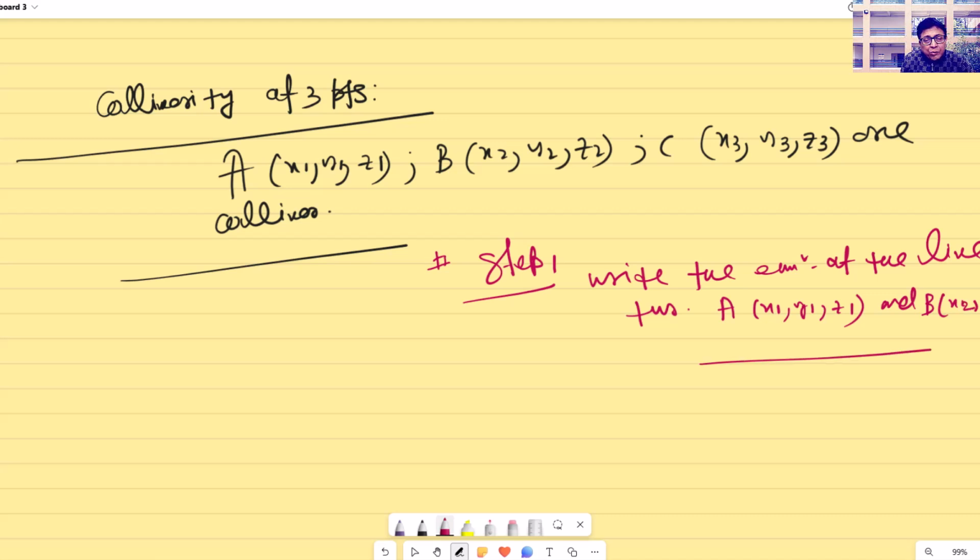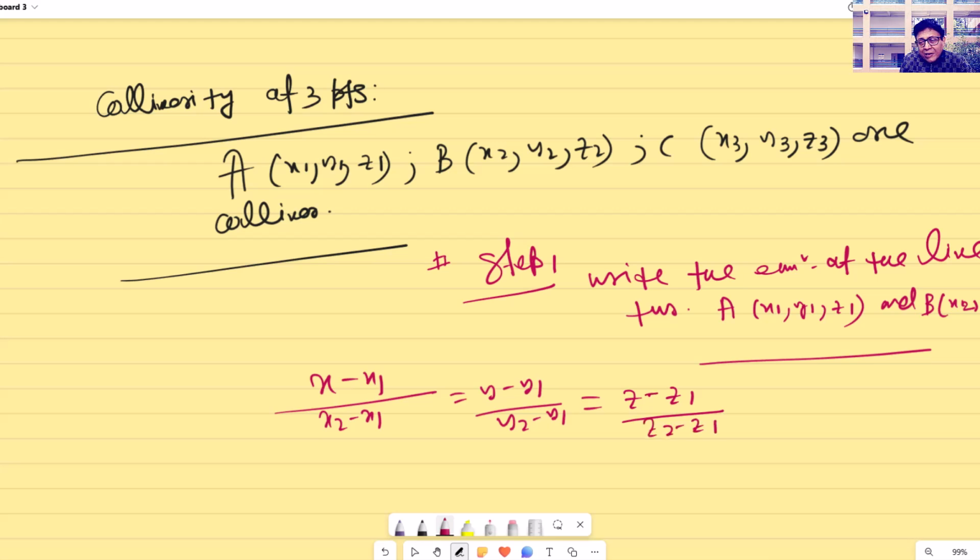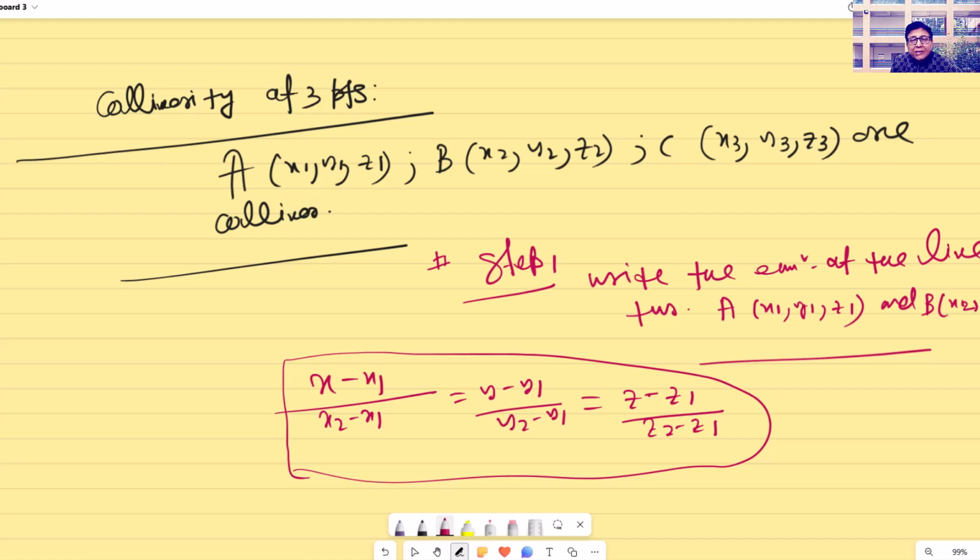What is that? You know that line is (x minus x1) by (x2 minus x1), (y minus y1) by (y2 minus y1) and (z minus z1) by (z2 minus z1). This is the line which passes through 2 given points (x1, y1, z1) and (x2, y2, z2).